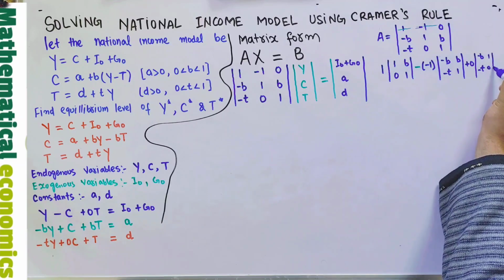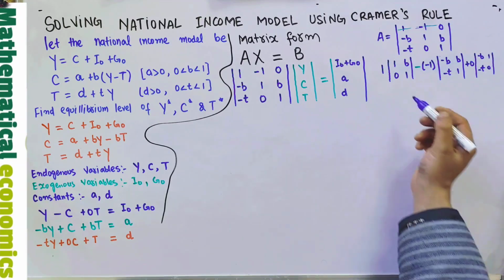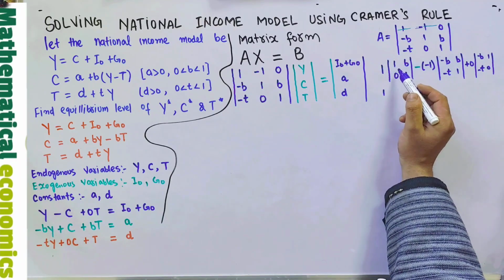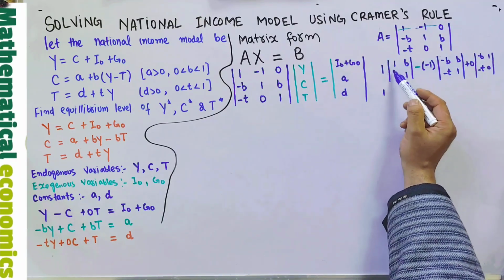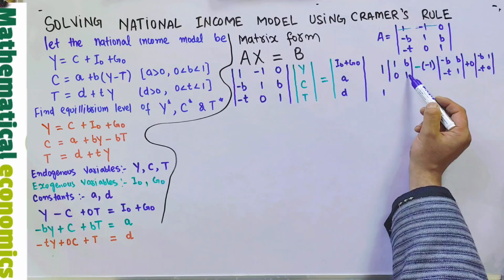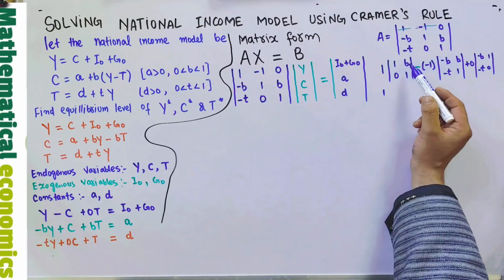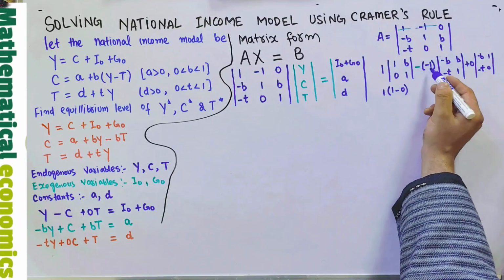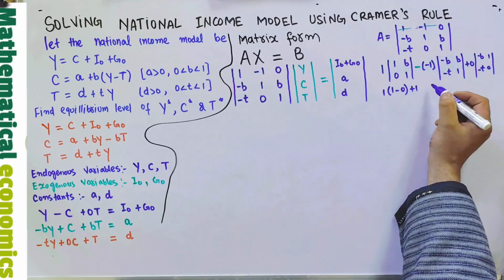I am just trying to show you how we find the determinant. Solving this, we have 1. The determinant of this very matrix will be: we multiply these two elements, then subtract and multiply these two elements. So we have 1 minus b into 0 is 0, then minus into minus is plus 1.